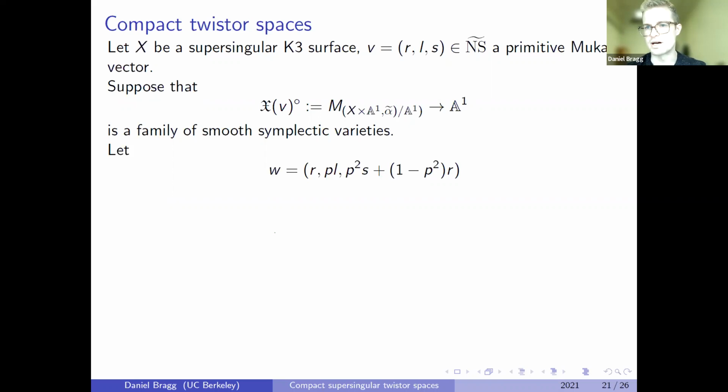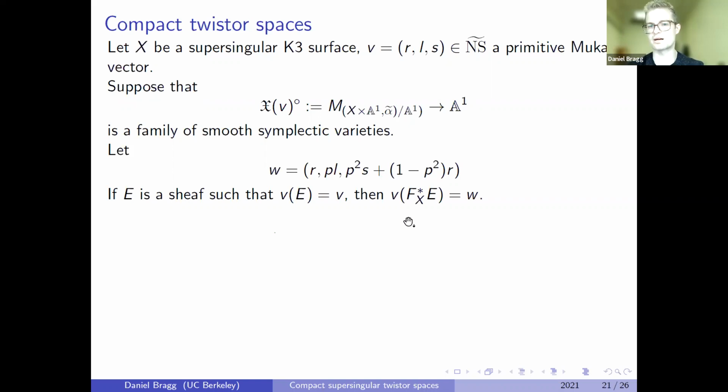Here is my mechanism to compactify, or my candidate. I'm going to define W to be the Mukai vector of the pullback of a sheaf with Mukai vector V. You can just compute what W is, and it's this.